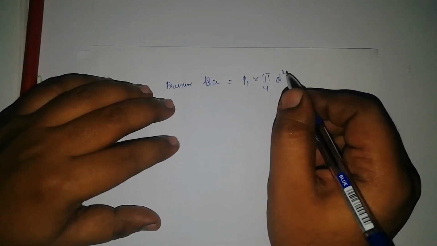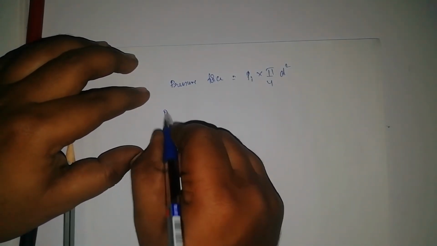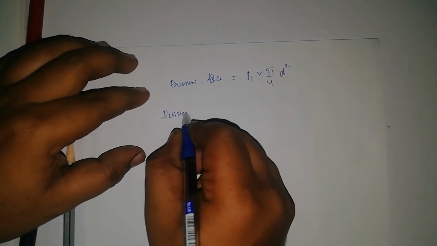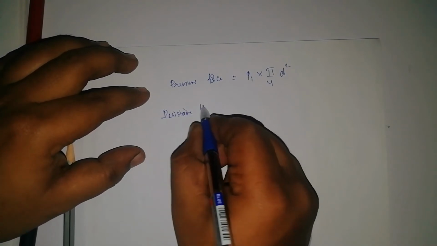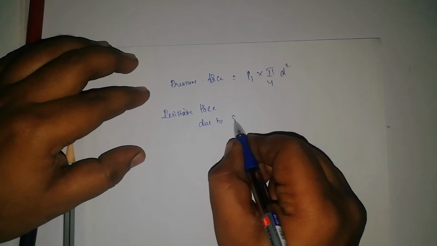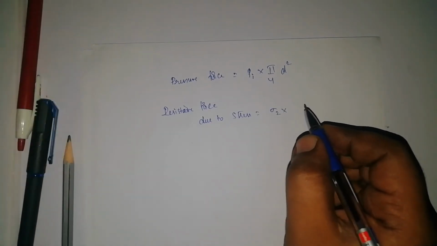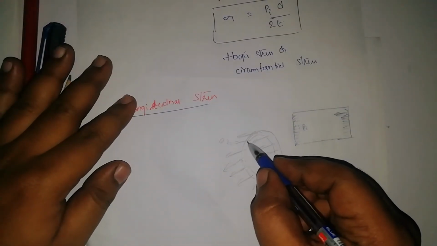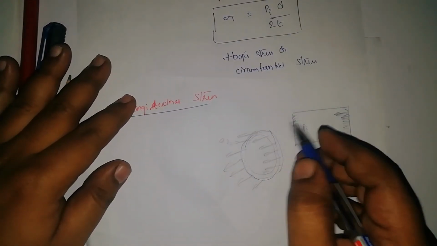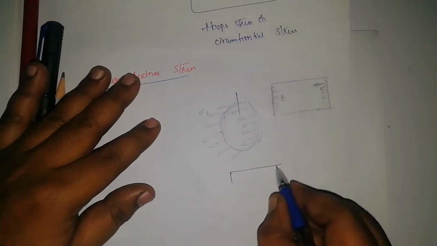Similarly, resistive force, force due to stress is equal to sigma 2 into, now see sigma 2 is acting on this. So, this is your, if you cut this from here, it will appear like this.